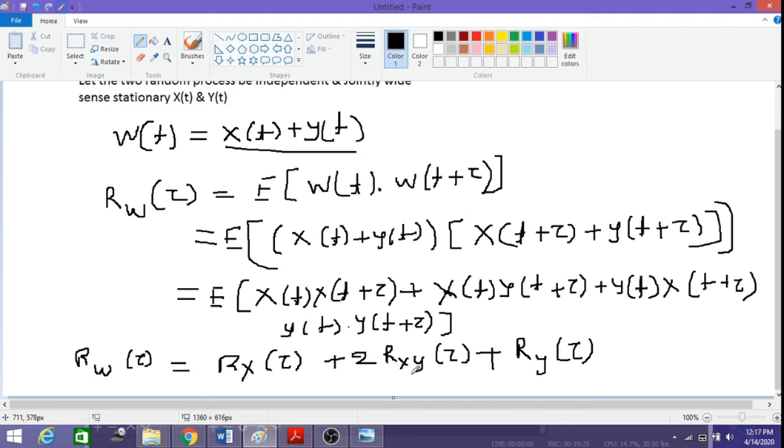So now if we talk about x and y in terms of cross correlation function, what do we get here is that the cross correlation function, we will get only these terms.